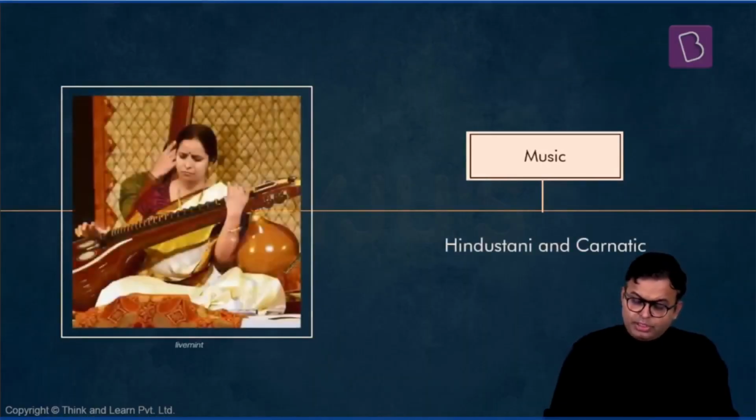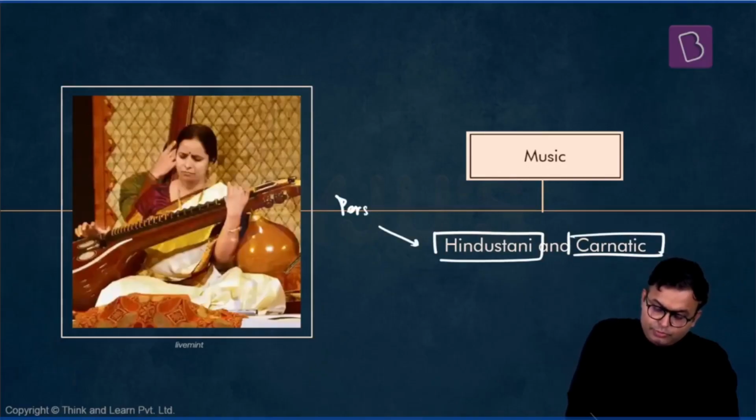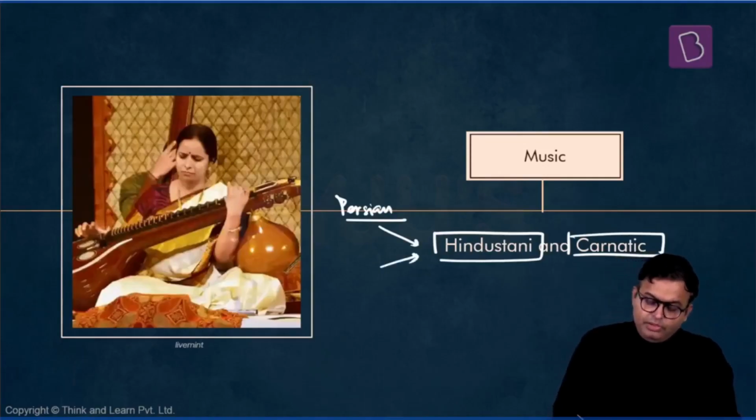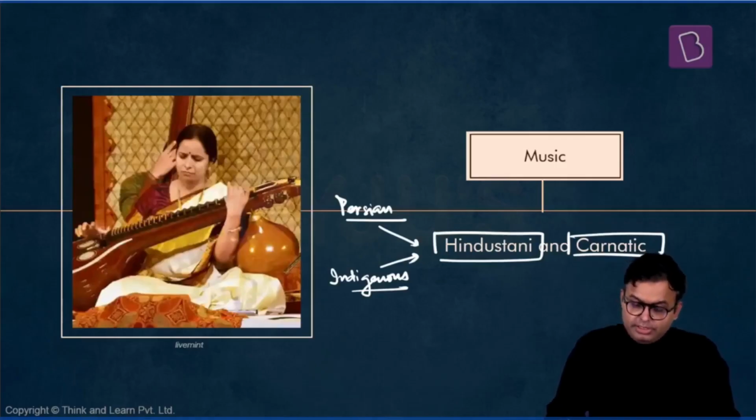Now talking about music, as I said, classical music is divided into two halves. North India, Hindustani. Why Hindustani? Because there is an influence of Persian. North India was under the direct control of the Delhi Sultanate. Here we find an infusion of indigenous and Persian music, Hindustani.